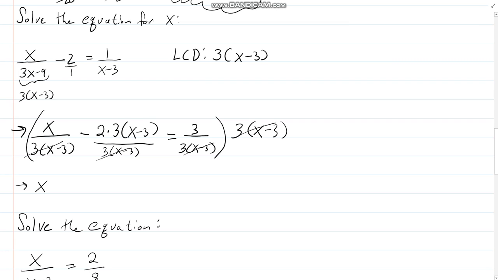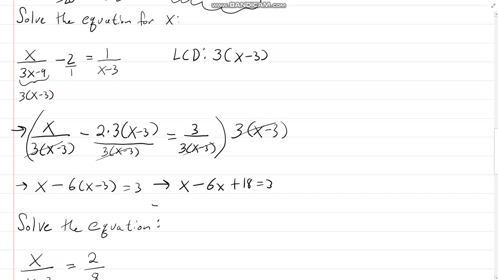And I'm left with x minus 6 times x minus 3 equals 3. And now the problem is getting a lot easier, and we can really start simplifying things. So I have x minus 6x plus 18 equals 3.